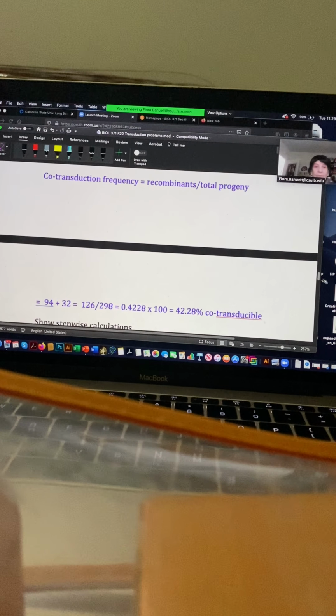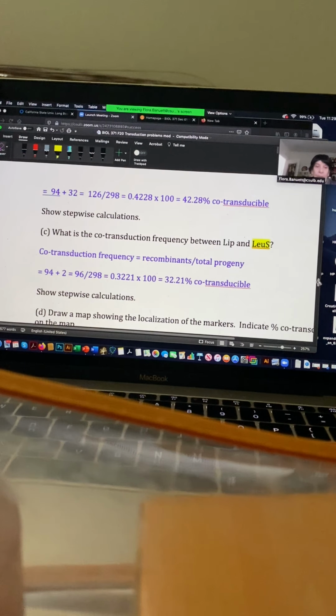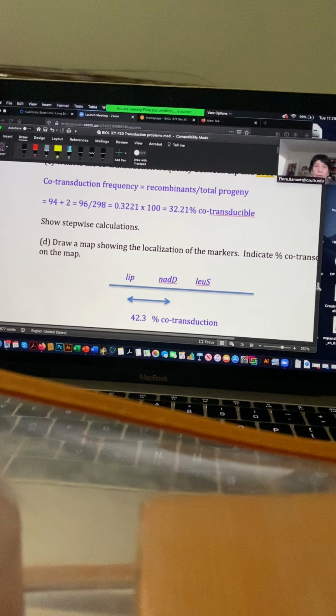So 94 plus 2, 96, divided by 298 equals 0.3221, times 100 equals 32.2% co-transduction. Okay, and now you have a map.